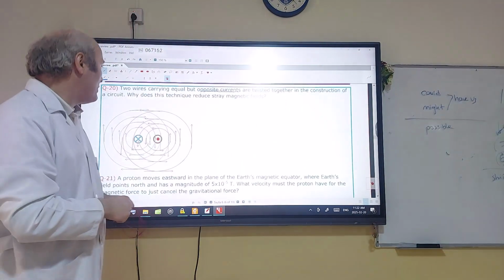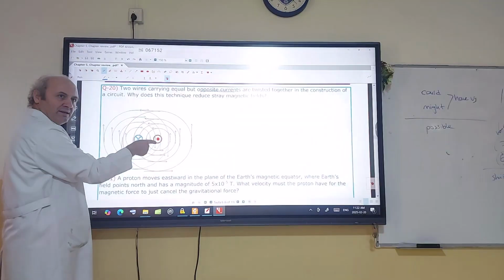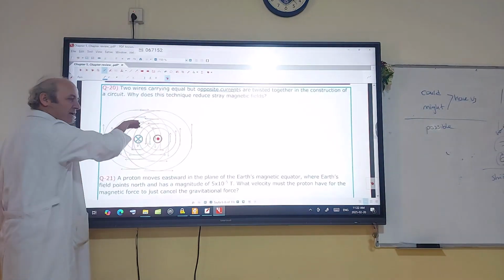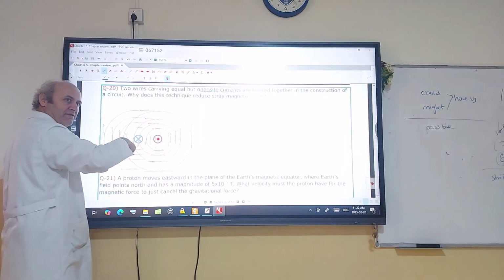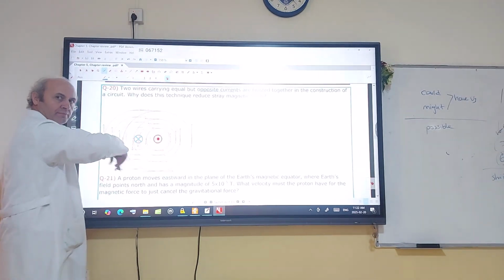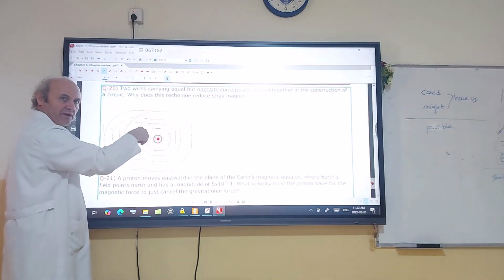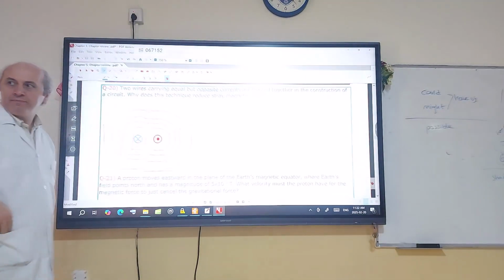When we twist them together, what happens? One wire's electric current is crossed, the other one is dotted. The cross one produces a clockwise magnetic field everywhere, and the other one produces a counterclockwise magnetic field everywhere. Look between the wires.